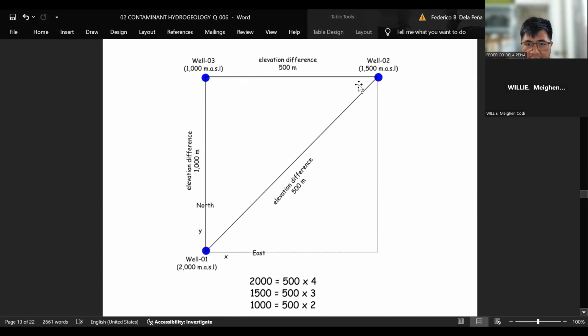For well 1 and well 2, you have 2,000 and 1,500. Therefore, the elevation difference is 500. For well 3 and well 1, the elevation difference is 1,000. And for well 3 and well 2, the difference is 500.